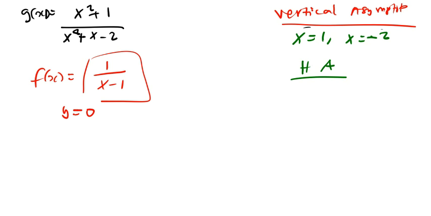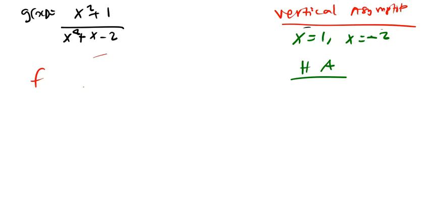If the function is bottom heavy simply means the degree of x on the denominator is higher than the degree of x on top. Therefore, in that case, the horizontal asymptote is 0. You understand?